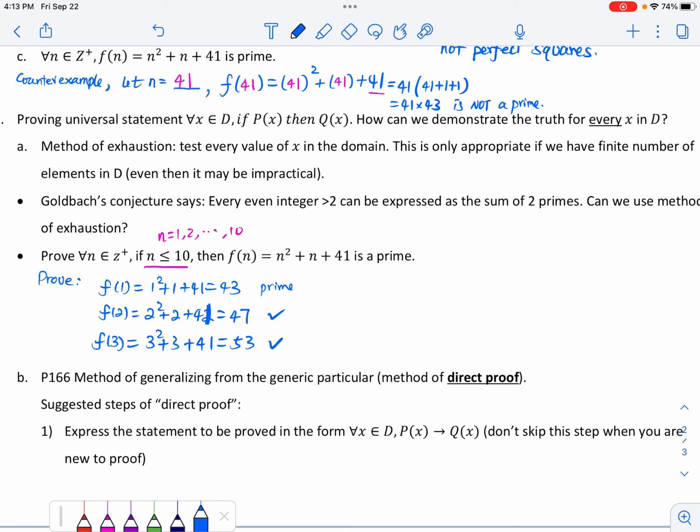And then you just continue. f of 4, which is 4 squared plus 4 plus 41, which is 61, which is a prime.